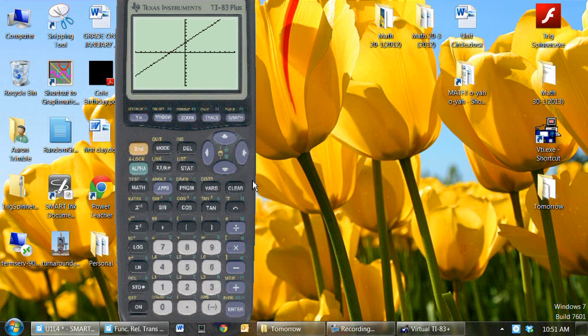Sometimes you can hit zoom 4, which is zoom decimal, but zoom decimal doesn't work well, and even when I change the window settings, x max 10 and y max 10, it doesn't show it there either. So the moral of the story is that the calculator is useless for finding that little point.